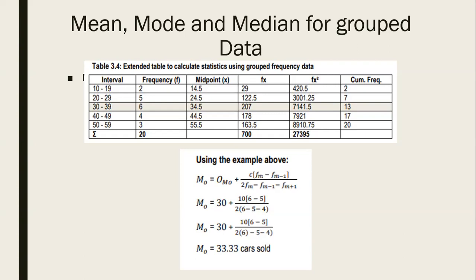There are formulas only for ungrouped data, and formulas only for grouped data. So you need to understand the type of data your lecturer gives you in order to know which formulas to use. That is why we took time to explain the differences between those types of data, so that you will know which formulas to use where.